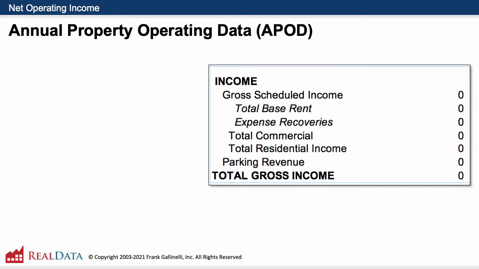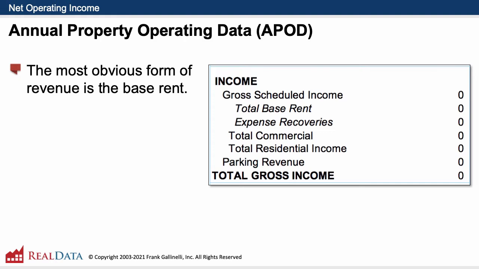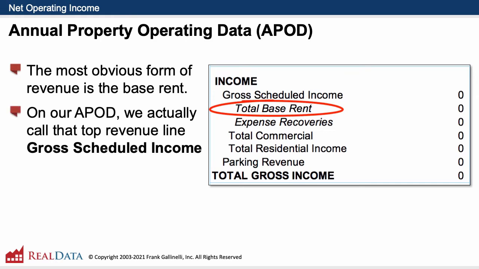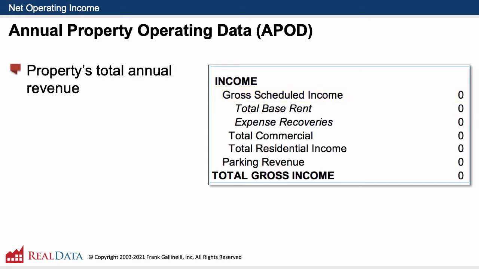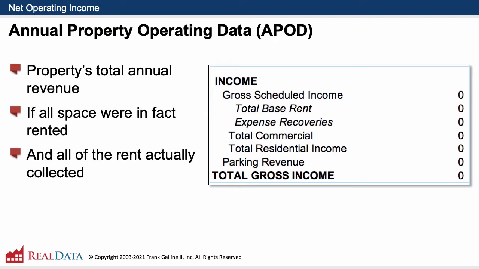Okay, this is an income property, so the most obvious form of revenue is the base rent. On our APOD, we actually call that top revenue line gross scheduled income, or sometimes potential gross income. This is the property's total annual revenue if all space were in fact rented and all of the rent actually collected.